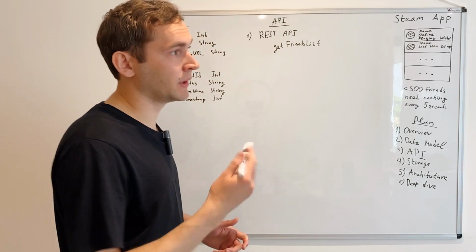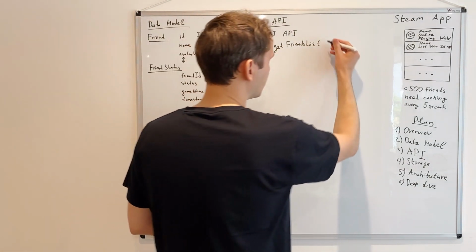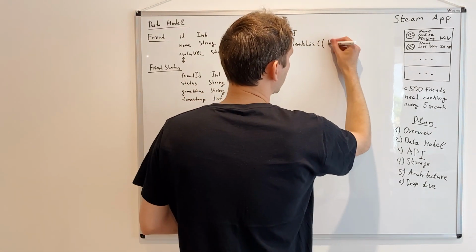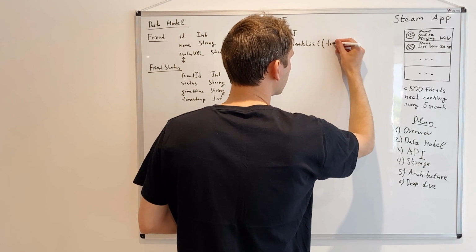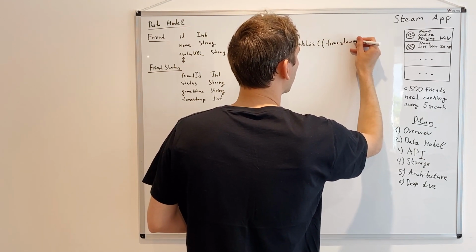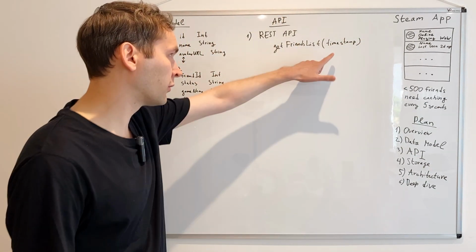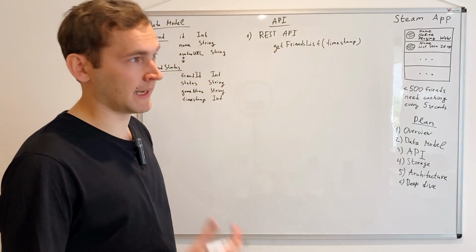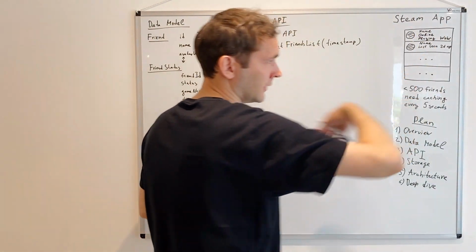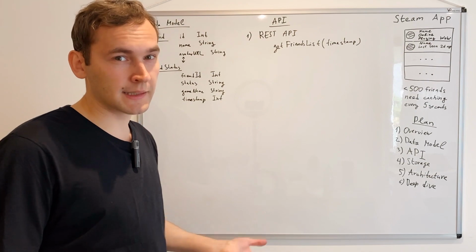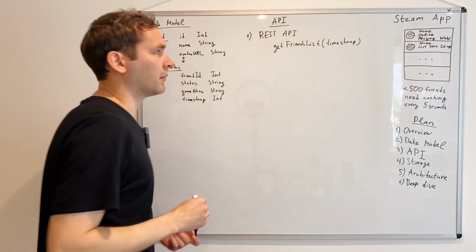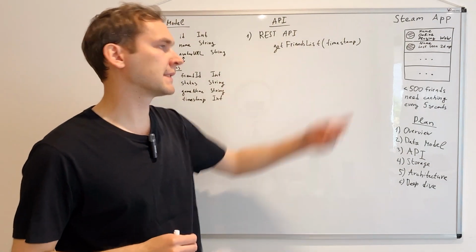Later, when we request the same thing, we can just pass this timestamp. I will write here the request timestamp, and for simplicity, I will write timestamp of our last request, and the server will return only the updates. Let's say some person changed their name, or we have a new friend, or we deleted someone.